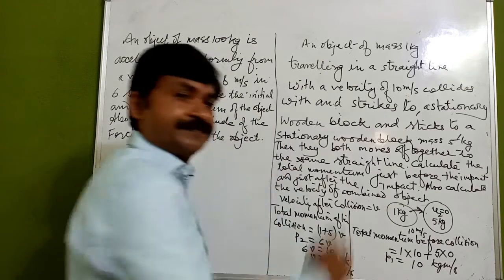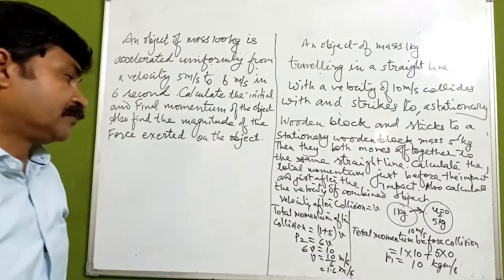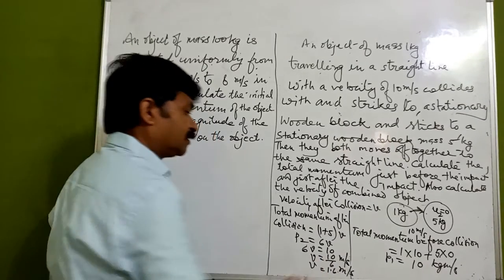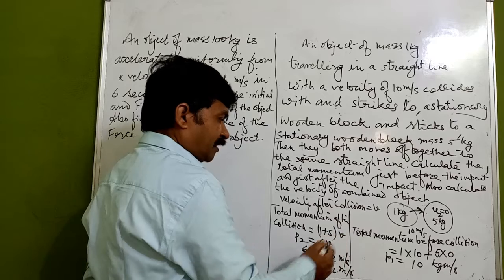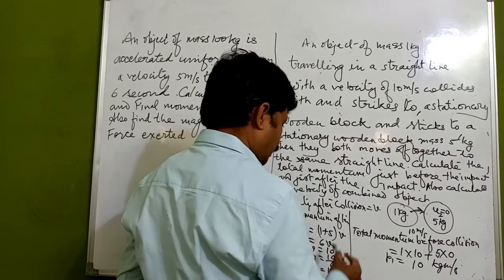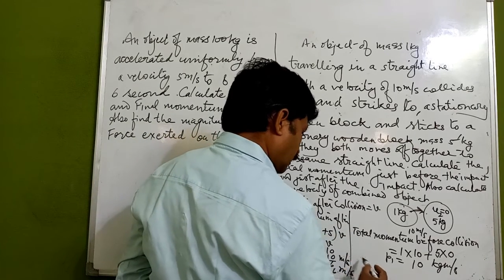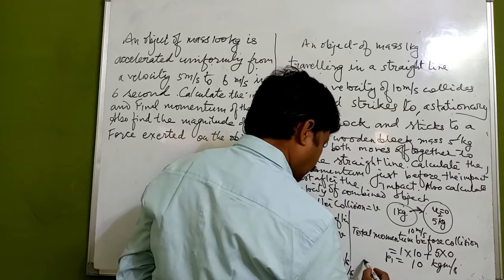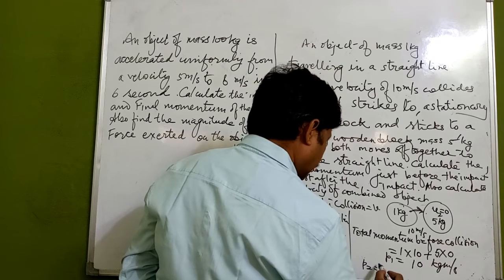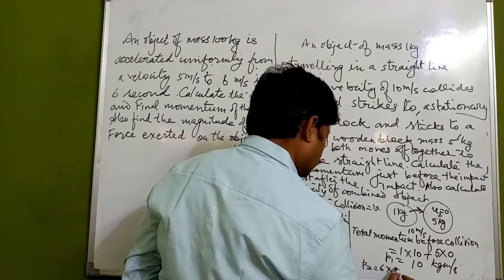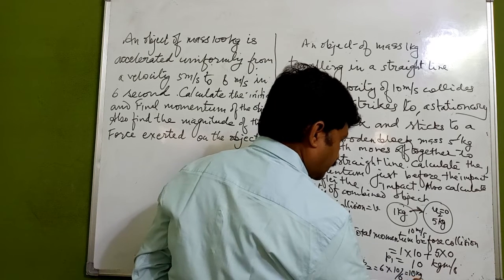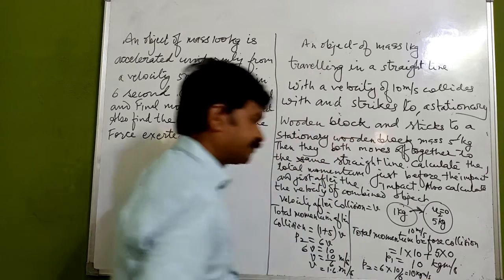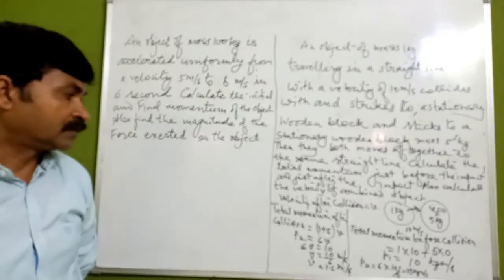Now we have got this velocity, we can substitute here, so the momentum P2 is 6 into 10 upon 6, which is 10 kilogram meter per second.